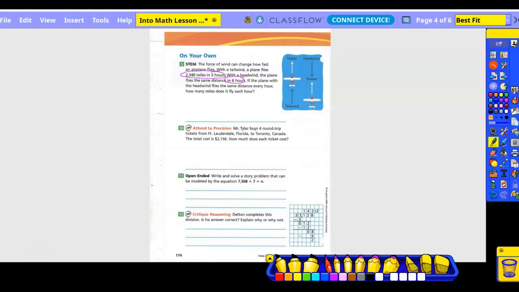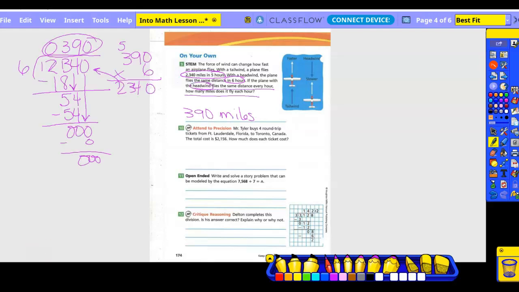So what do we need to do? So what's our division problem going to be? Okay, so we pulled out our information and they wanted the headwind. So we took 2,340 divided by 6 and got 390, and we went ahead and checked that over to the side to see if we got the correct answer, and we did.